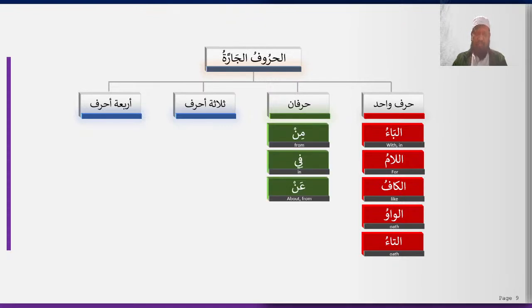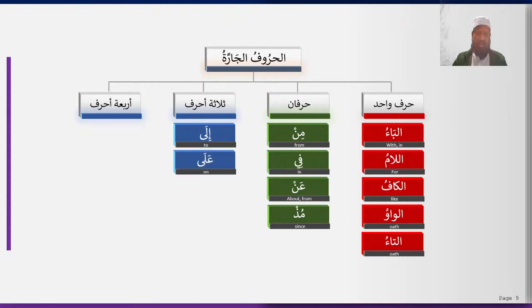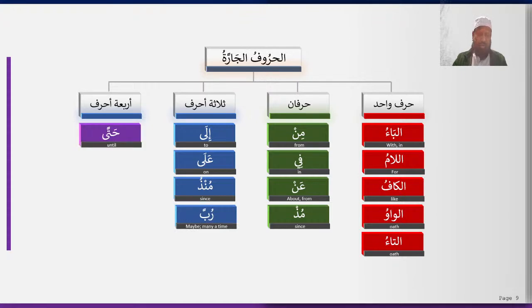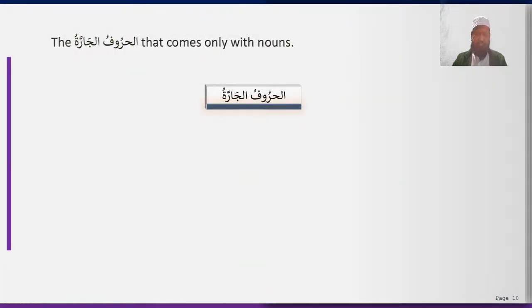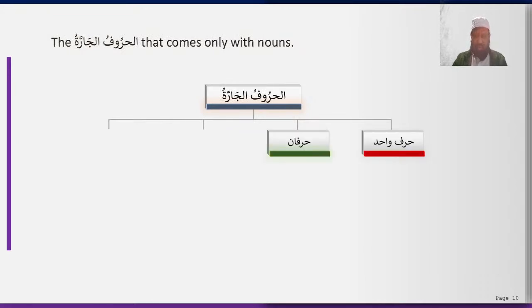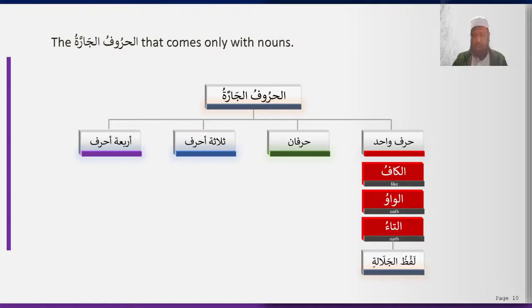Two-letter words: min, fi, and mudh; 3 letters: ila, ala, mundhu, and rubba; and 4 letters: hatta. Some حروف الجر come only with nouns, and they are kaf, waw, ta, but ta is only with لفظ الجلالة.